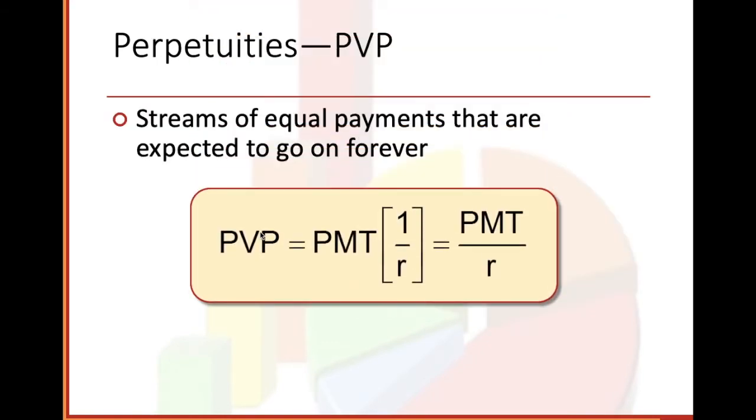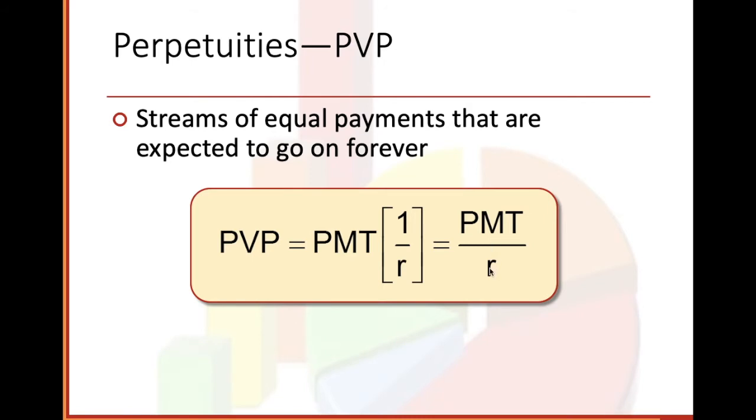Perpetuities, PVP, are streams of equal payments that are expected to go on forever. Our PVP equals the payment times 1 over our interest rate, which equals our payments over our interest rate.